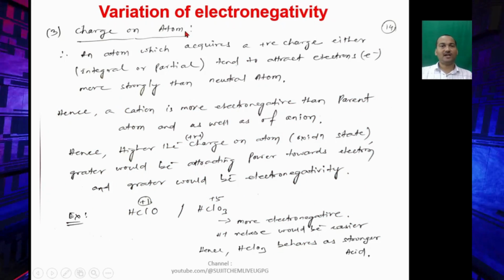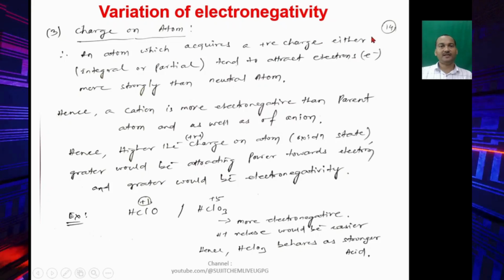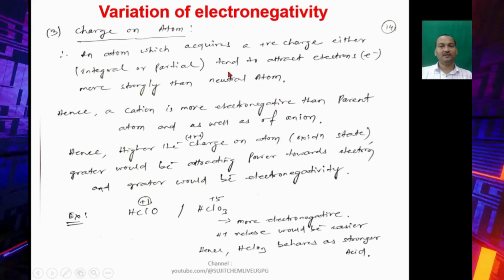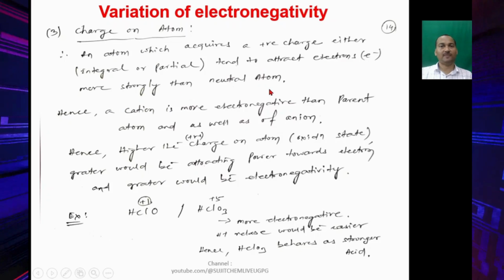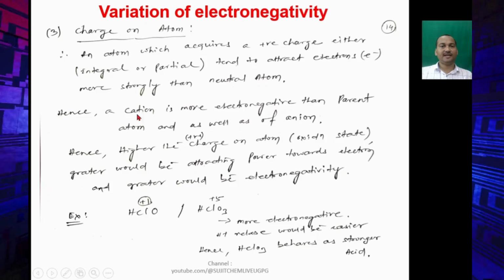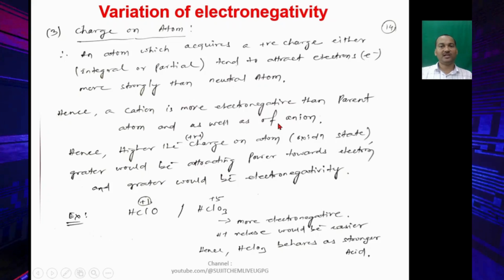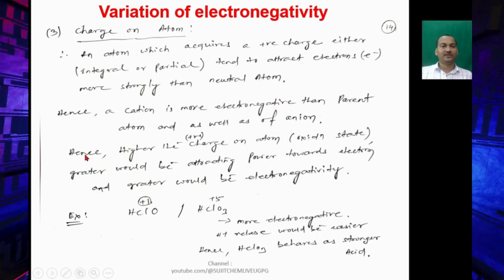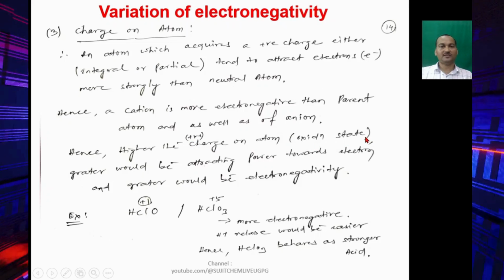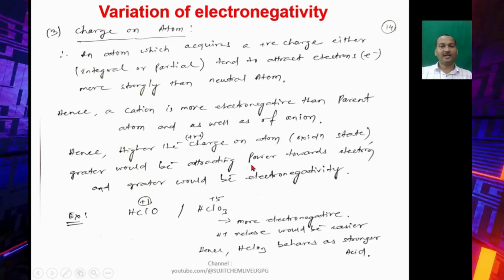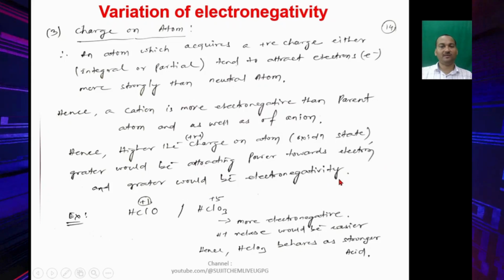Next is the charge on atom. An atom which acquires a positive charge, either integral or partial, tends to attract the electrons more strongly than a neutral atom. Hence a cation is more electronegative than the parent atom, as well as the anion. Hence the higher the positive charge on the atom, that is the oxidation state, the greater would be the attracting power towards electrons and greater would be its electronegativity.